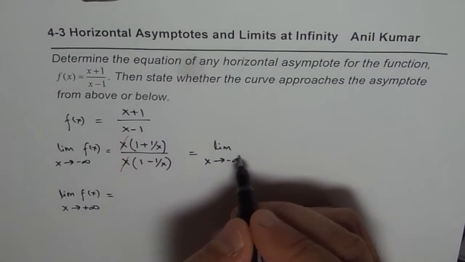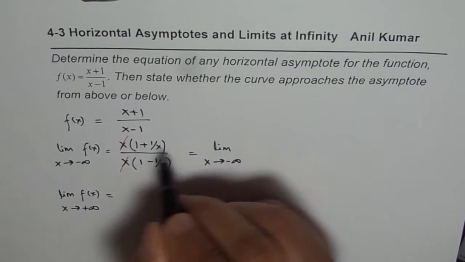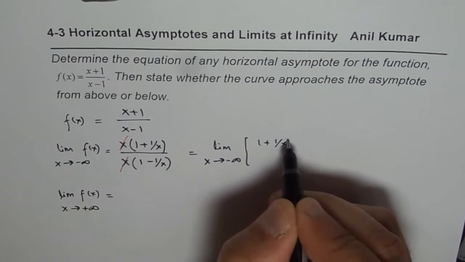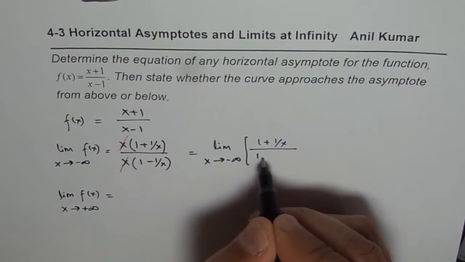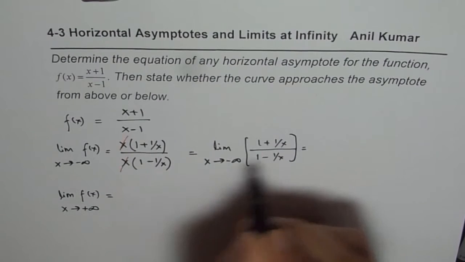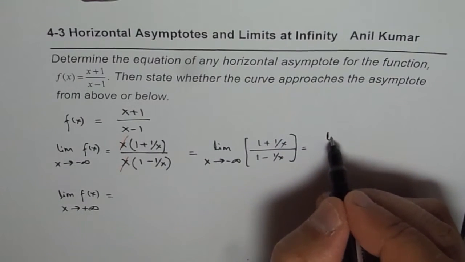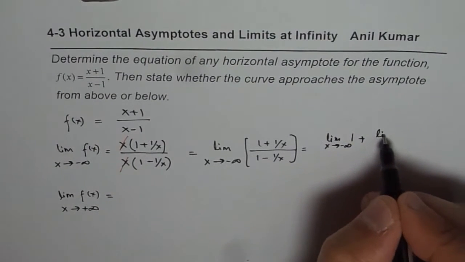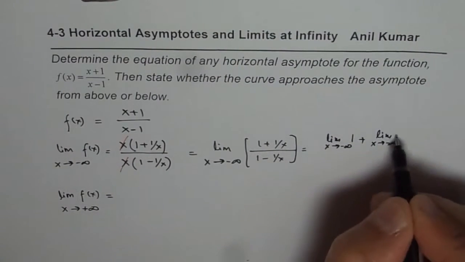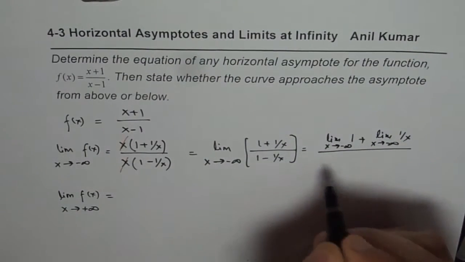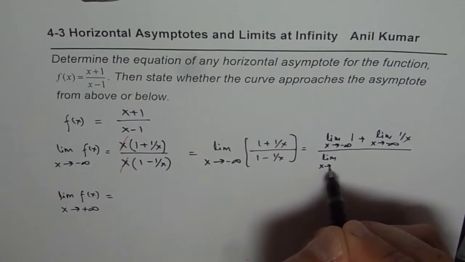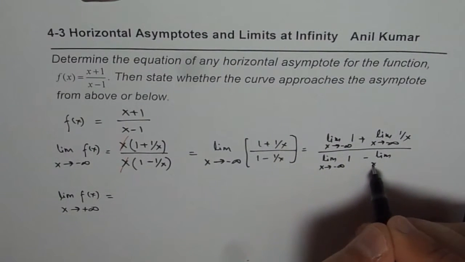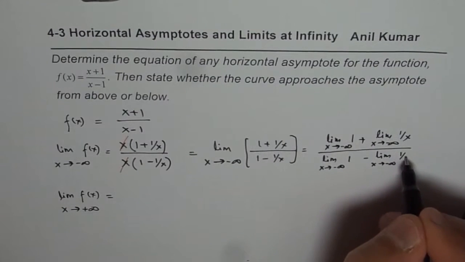We could write this as the limit of 1 plus 1 over x over the limit of 1 minus 1 over x. Now applying the rules of limits, we write this as the limit as x approaches minus infinity of 1 plus the limit as x approaches minus infinity of 1 over x, divided by the limit as x approaches minus infinity of 1 minus the limit as x approaches minus infinity of 1 over x.